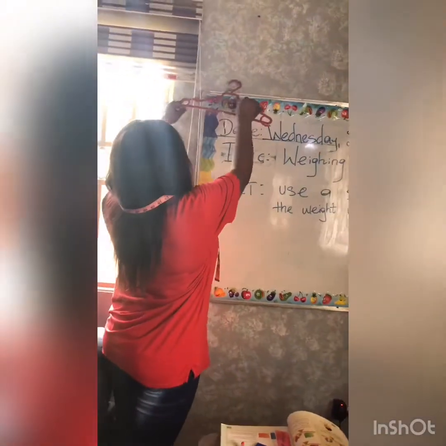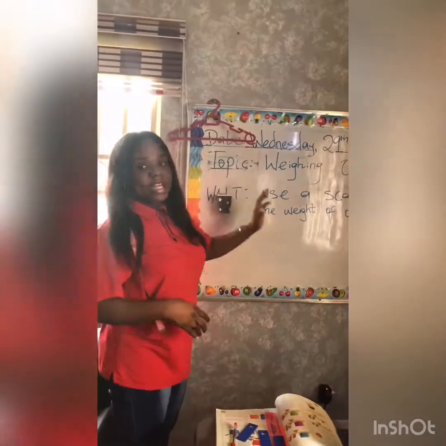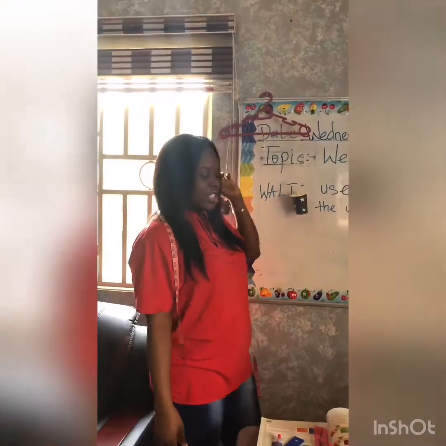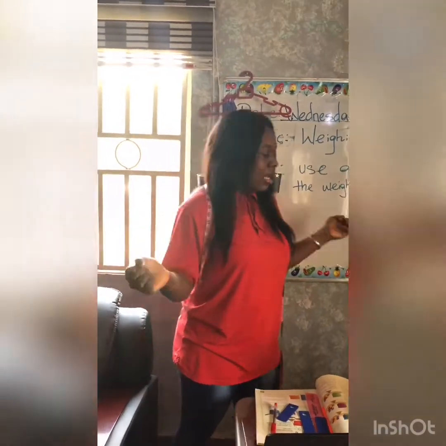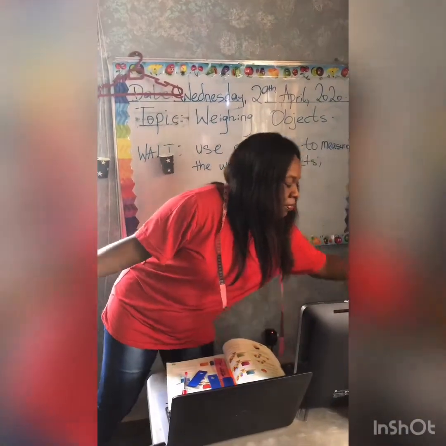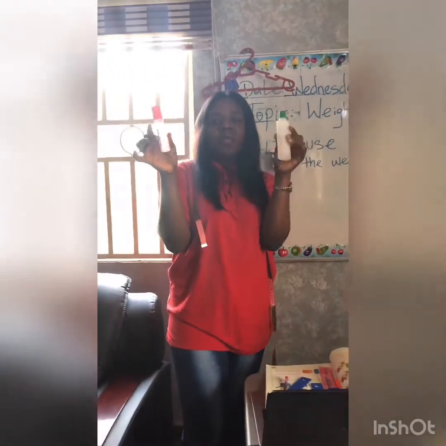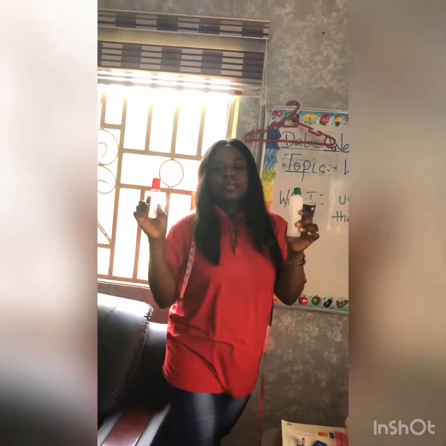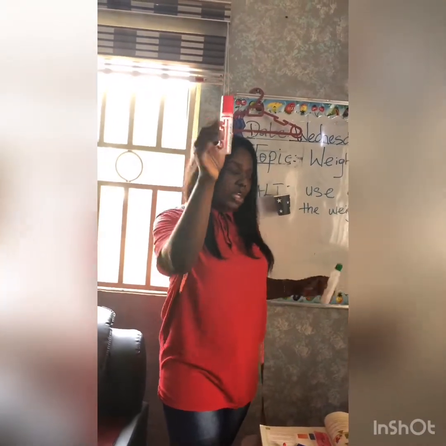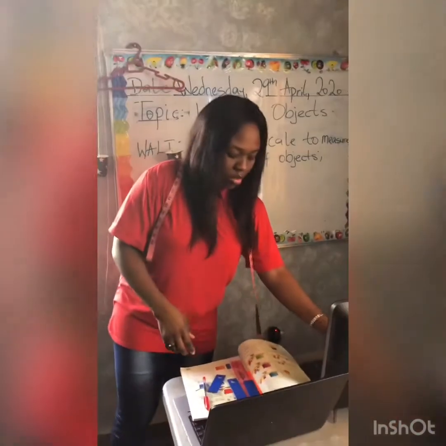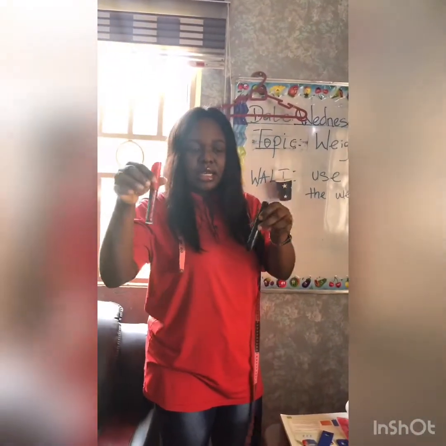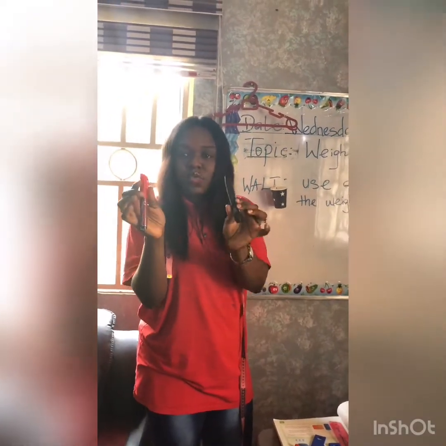So that is how to use a scale to measure the weight of objects, to compare which is heavier and lighter. Now, from what we did, between these two objects, which one weighs more than the other using the scale? Okay, we got to discover that this weighs more than that. And we also weighed two different markers, this one and this. And we found out that all markers don't weigh the same.